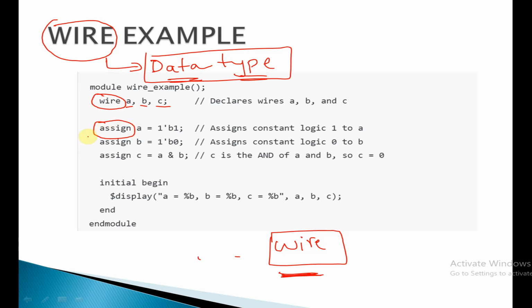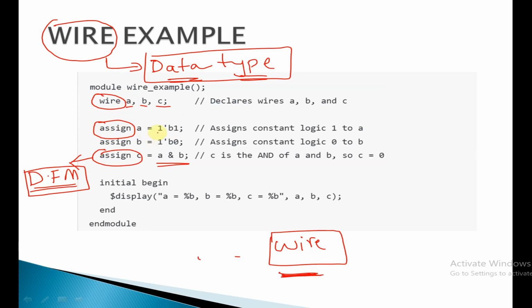So assign a is equal to 1, assign b is equal to 0, and assign c is equal to a and b. Regarding this assign keyword, we will discuss in detail in data flow modeling. For now, just see it as a keyword. Assign is also a keyword, which you should use with this wire to drive the value.